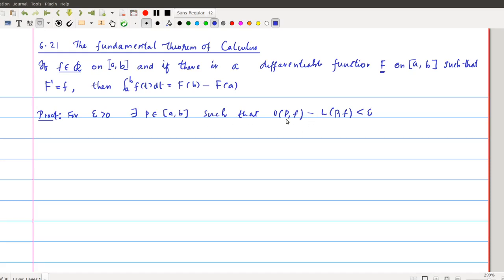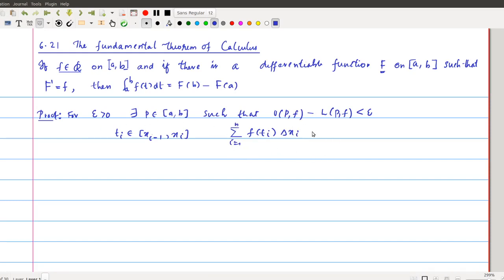Now if this happens, then part B or C of theorem 6.7 shows that if we take any points ti from [xi minus 1, xi], we can define a special sum, f of ti times delta xi, in fact delta alpha i, where i goes from 1 to n if the partition contains n plus 1 points.